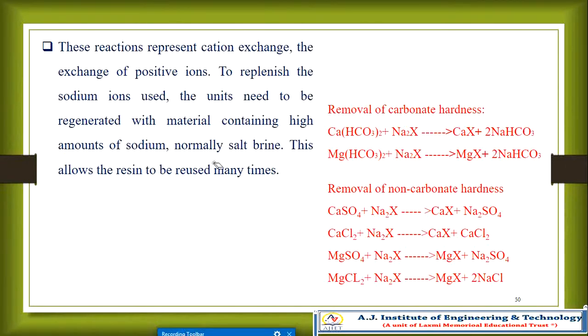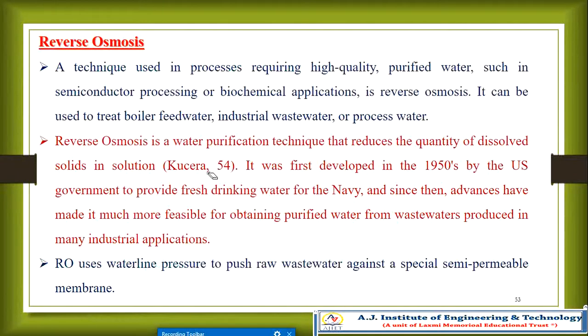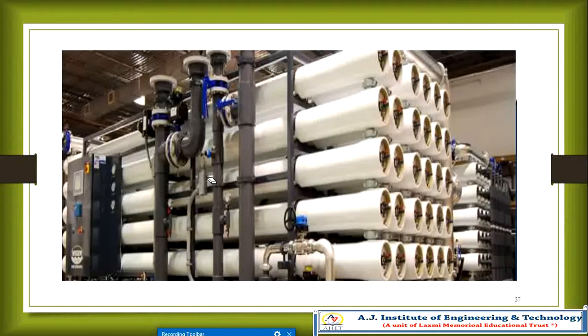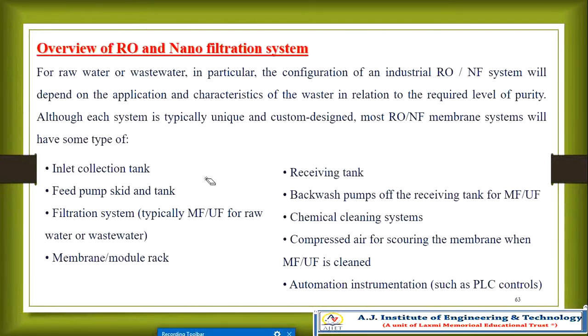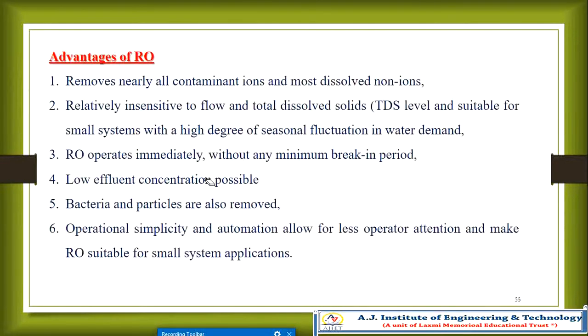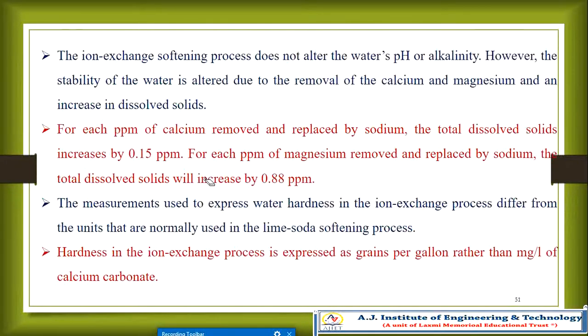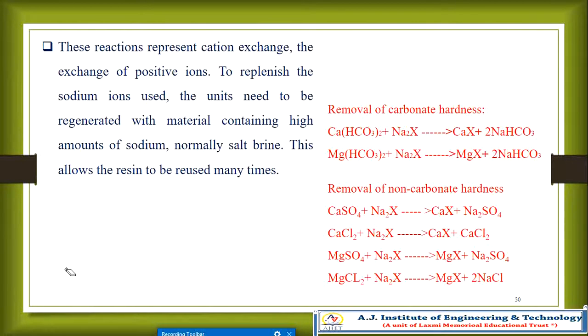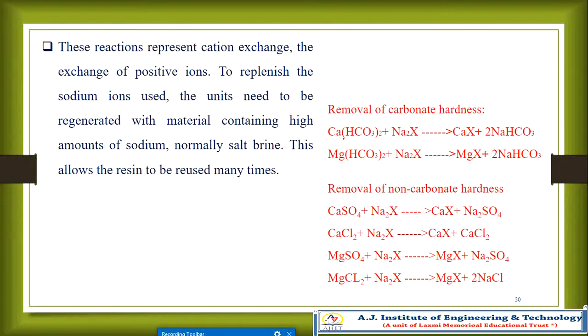If you look at the removal of carbonate hardness, that is Ca(HCO3)2 and Na2X giving CaX and NaHCO3.